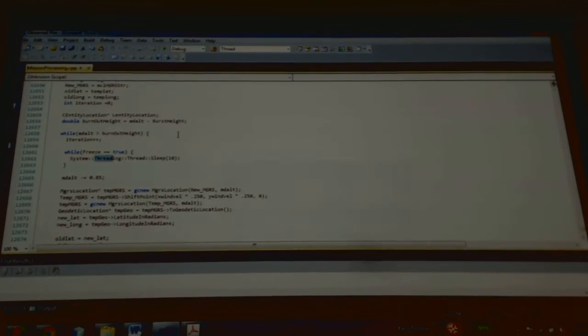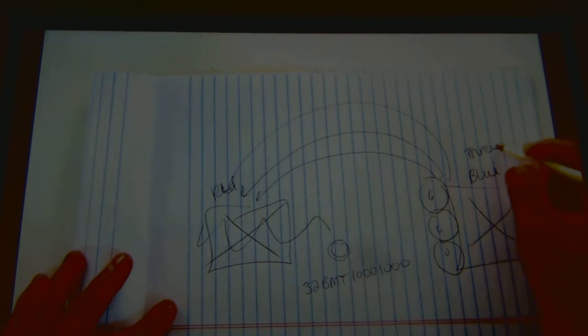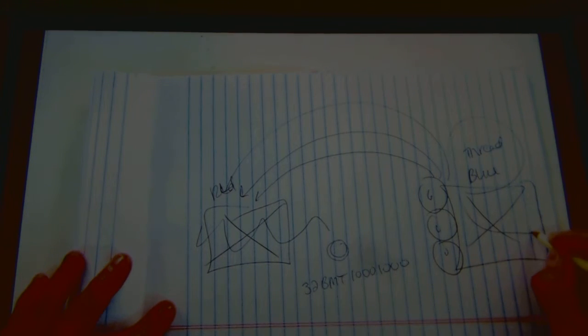Okay, so here, this is just a sleep. So what's happening with this code, and the reason why I actually could not fix it, is because I could not interrupt threads. So what happens is, there's a thread for this overall unit. And this unit has 3 guns, so each gun gets its own thread.